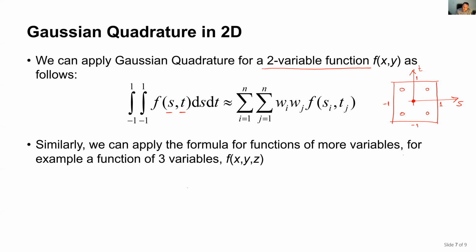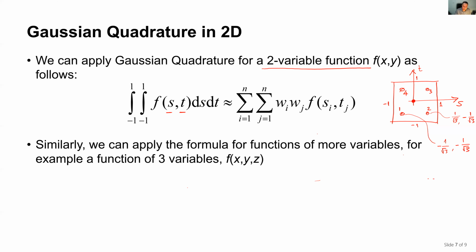So this point here is, for example, -1 over square root of 3, -1 over square root of 3, and this point here is 1 over square root of 3, -1 over square root of 3, etc. So I will work with 4 points because I work with 2 points per direction. 2 points in the s direction, 2 points in the t direction, leading to finally 4 points, 1, 2, 3, 4.